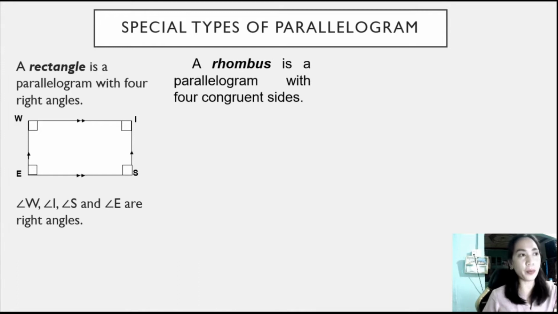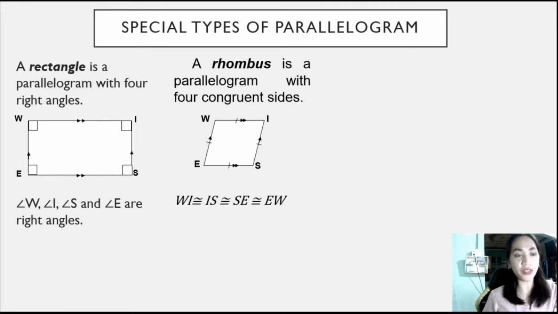A rhombus is a parallelogram with 4 congruent sides, so all of the sides are equal. You have WI congruent to IS, congruent to SE, and congruent to EW. If the measure of side WI is 5, lahat ng sides ni rhombus is also 5.